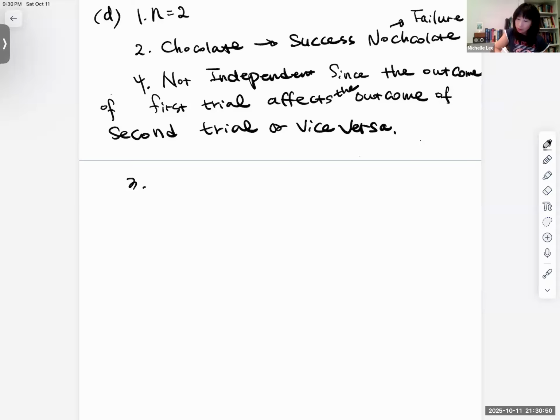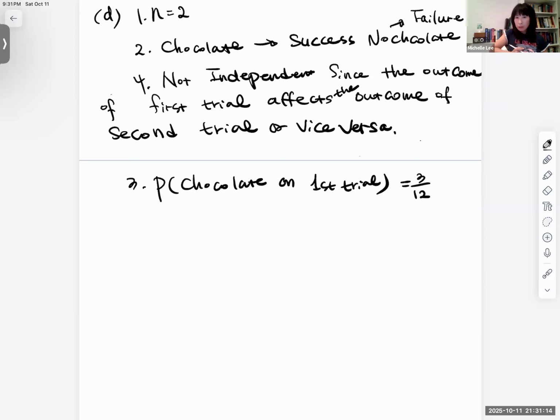So what's the probability of getting chocolate on the first trial, right? So we have 3 chocolate out of 12, right? So 3 out of 12.